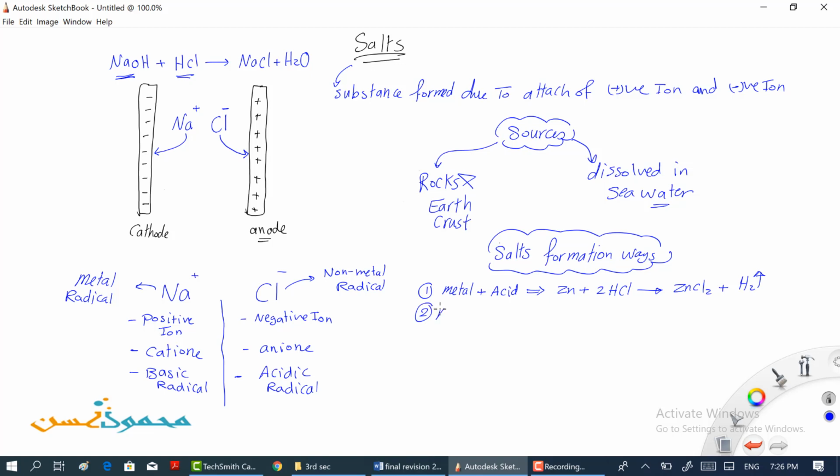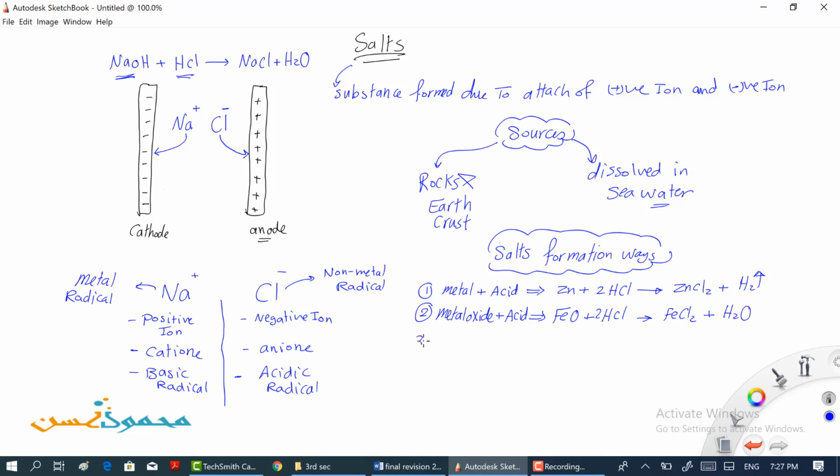Maybe metal oxide plus acid, like FeO, iron oxide, plus HCl, giving to us FeCl2, iron dichloride, plus water.